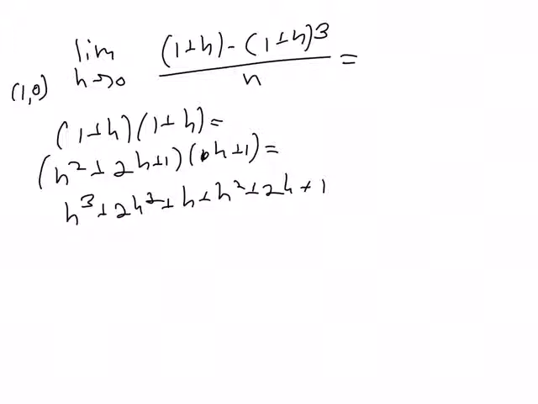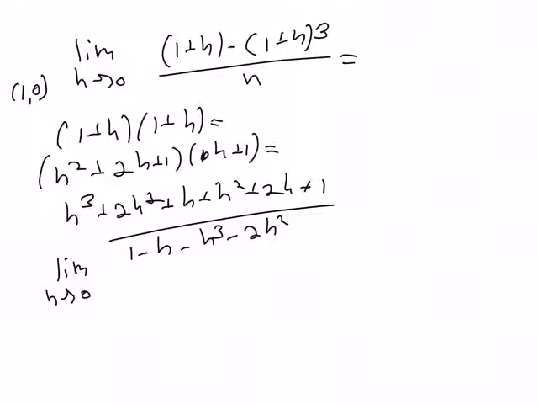So this becomes the limit as h goes to 0 of 1 minus h minus h to the third minus 2h squared minus h squared minus 2h minus 1. So these cancel, and then this is divided by h.